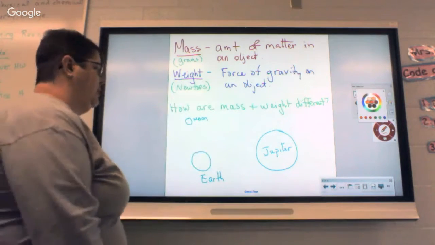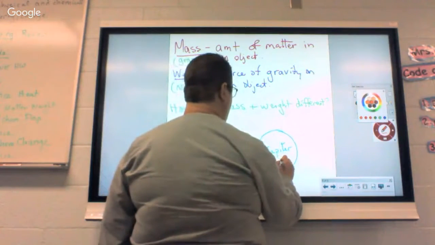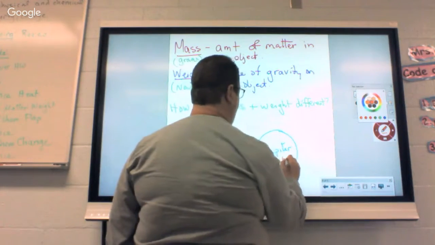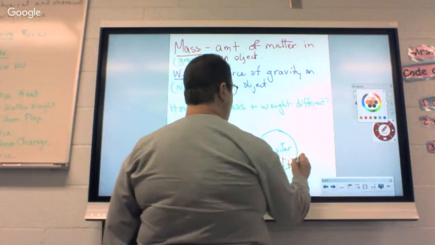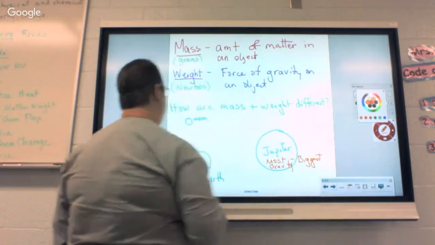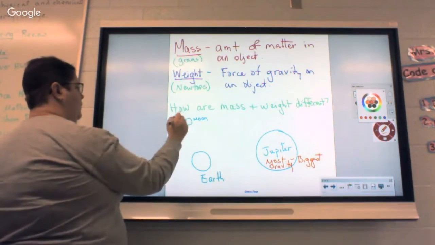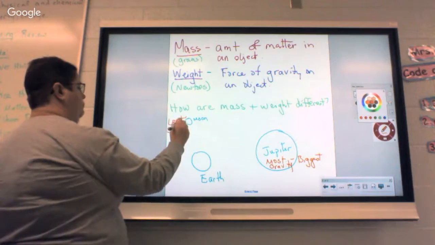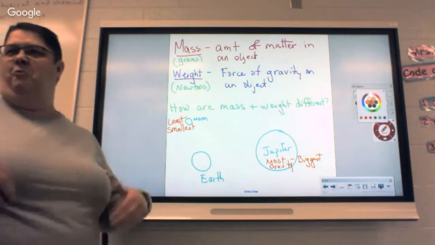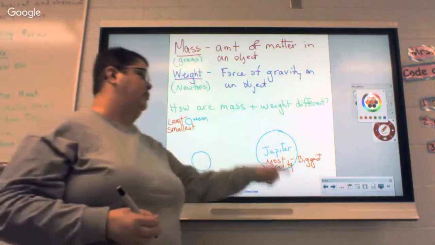Okay, gravity changes. Who has the most gravity? Why do I have the most gravity? And we know that because this is small, roughly 1/5. If we went to the moon, you can take your weight and divide it by 5. I'd love to go to the moon. Never going to Jupiter though.